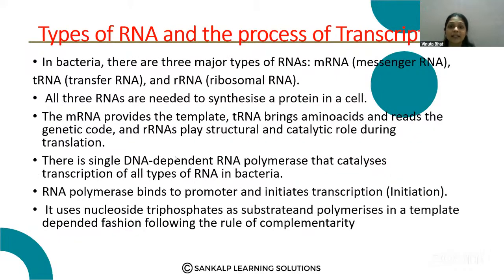Types of RNA and the process of transcription. See, transcription is different in prokaryotes and eukaryotes. In prokaryotes, it takes place in the cytoplasm. In eukaryotes, it takes place in the nucleus. That is the main difference.